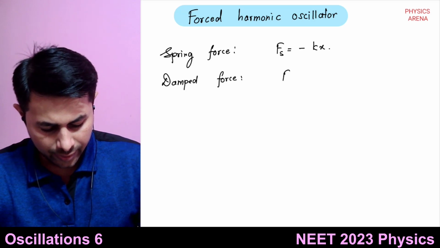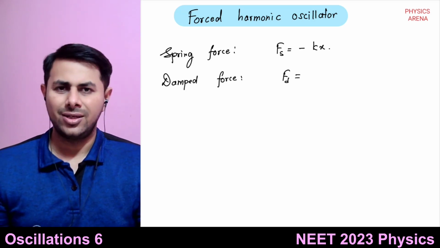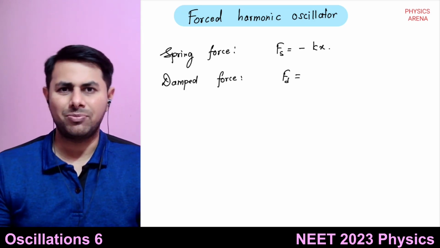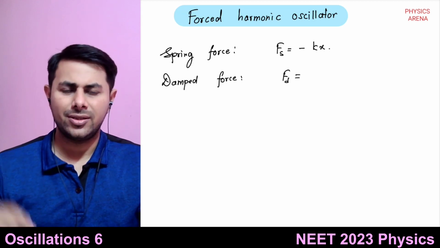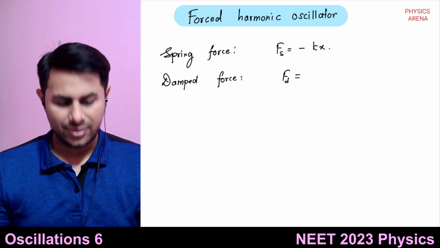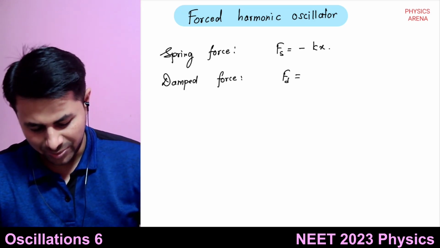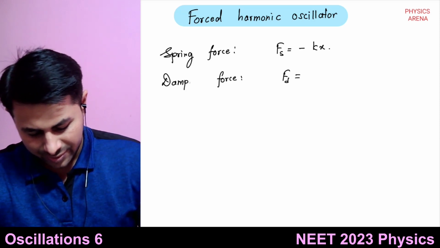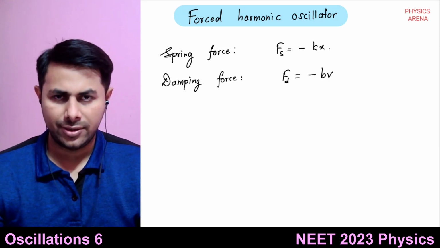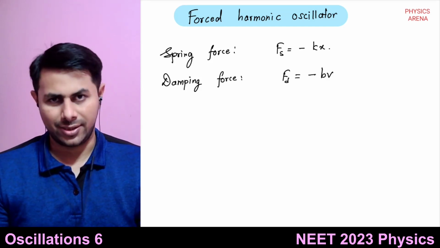In reality, all mediums are somewhat viscous, so some damping will be there in all kinds of mediums. But the damping force can be very, very small so that we can neglect it. Damping force equals minus bv. This can be present or it can be very small so that we can neglect it.